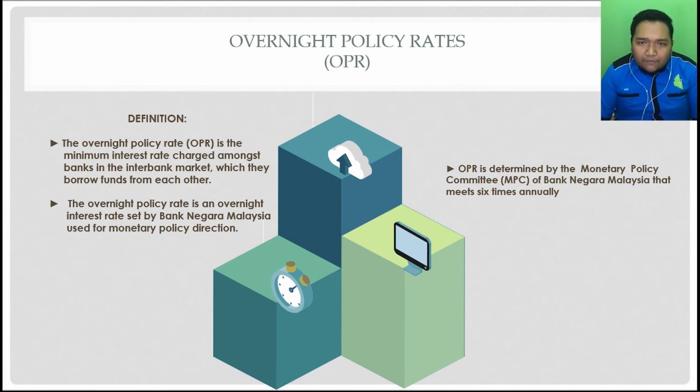The OPR level will influence interest rates in other markets, including the credit market, as OPR is the primary reference rate. When OPR is lowered, other interest rates will be guided accordingly, and vice versa.